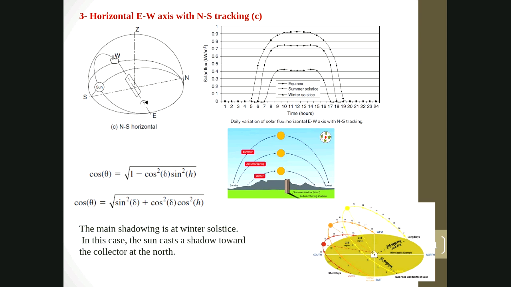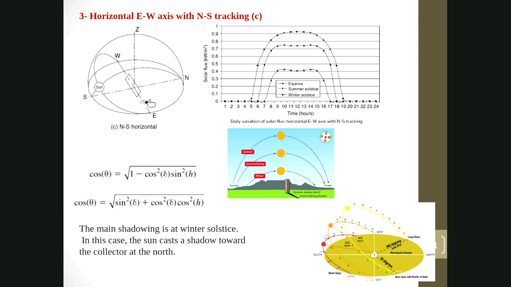This is the axis of your collector. And this is the tracking from the south to the north. So it will change now from south to the north. This will change the azimuth angle. It's moving in the azimuth angle of the surface because it is from the south to the north.